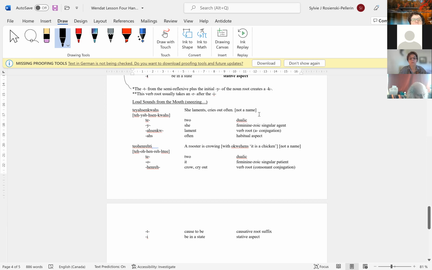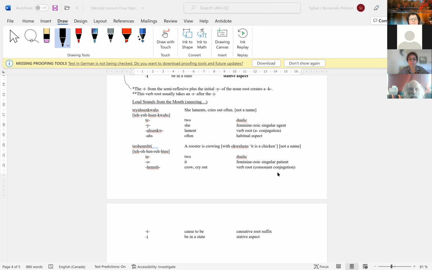Now, to lament or cry out often, in this case, we have again the sound for she, the feminine zoic singular agent. They would use it as well if it was talking about an animal that makes a crying sound, right?